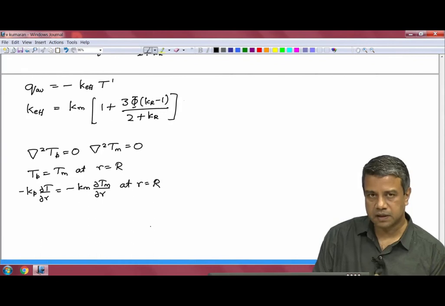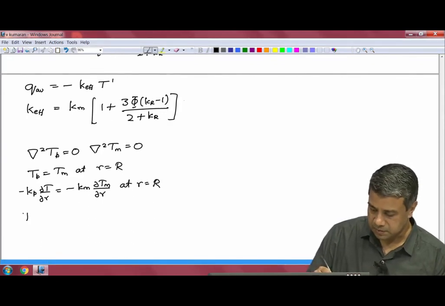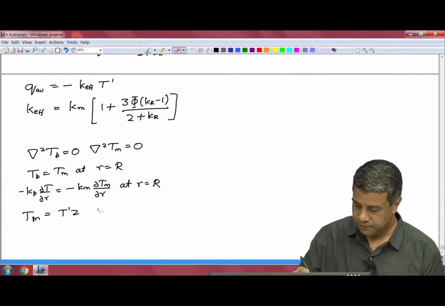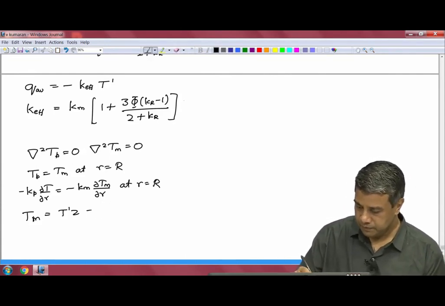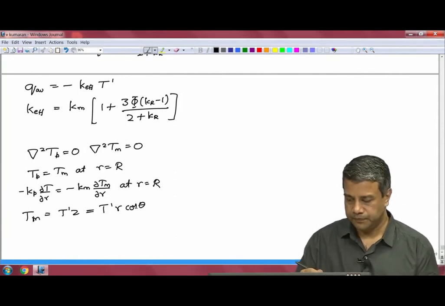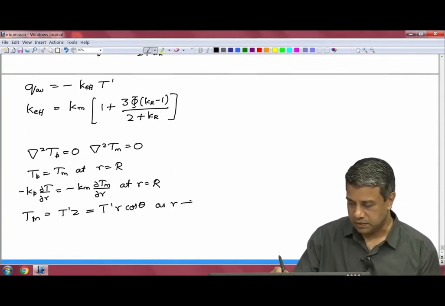And finally, the condition that the temperature is equal to T prime z, that is, T prime r cos theta, as r goes to infinity.